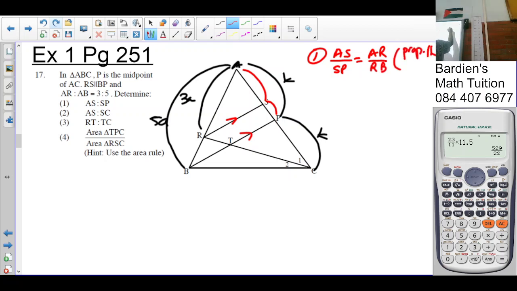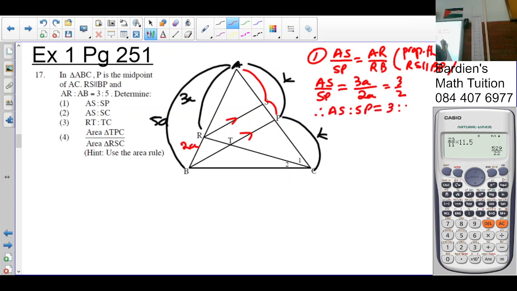The proportionality theorem with RS being parallel to BP. So this we said is going to be 2A. So AS over SP is AR, which is 3A over 2A, which is 3 over 2. So therefore AS is to SP as 3:2.